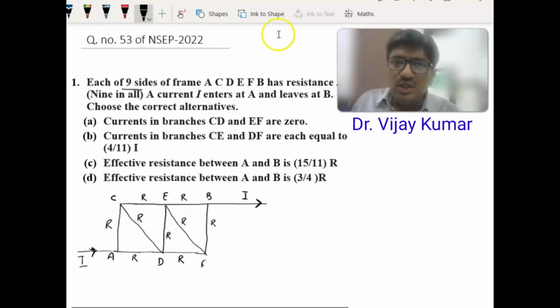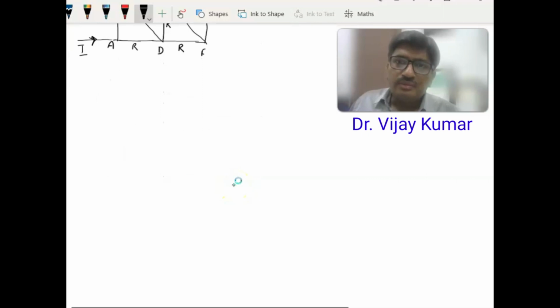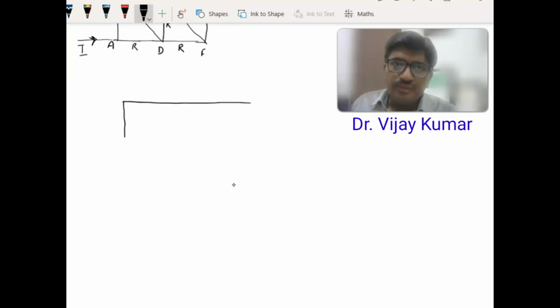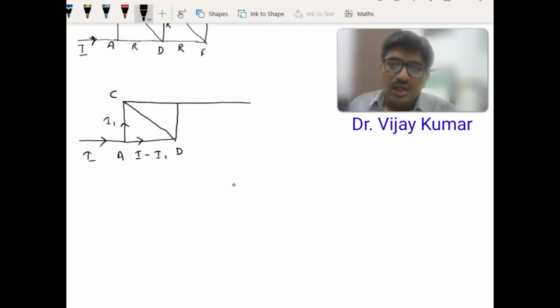If we draw the diagram, suppose current I enters at point A, and suppose there is a current I1, so on this side it should be I minus I1. This is C and this is D, and suppose there is a current I3.